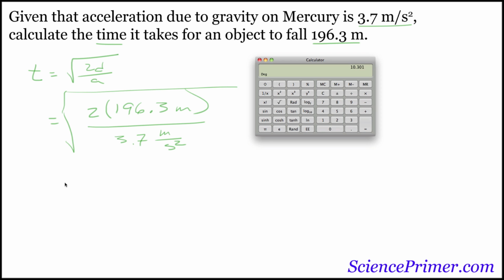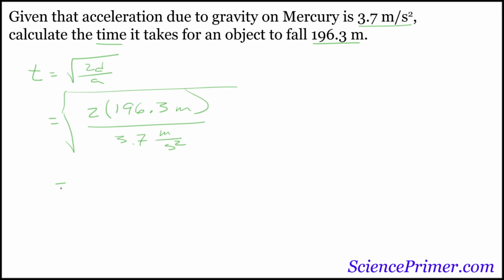So the numerical answer on this one is 10.3. Now let's check units. We have meters divided by meters per second squared, and we need to take the square root of this whole thing. Meters divided by meters per second squared is the same as meters times seconds squared divided by meters.